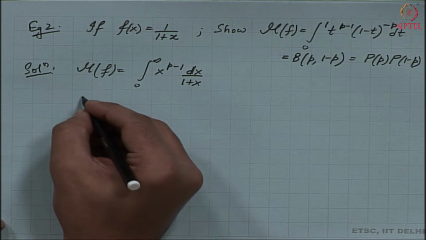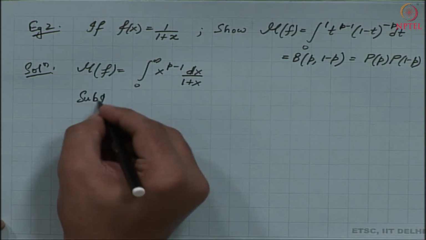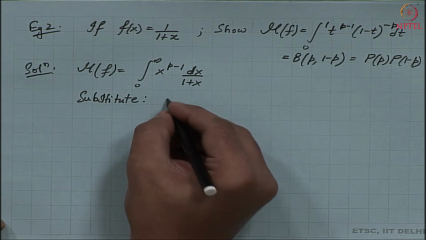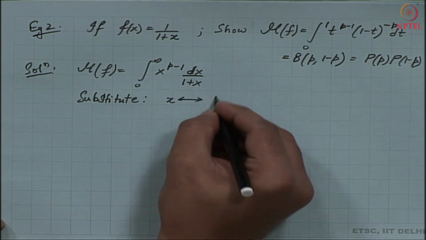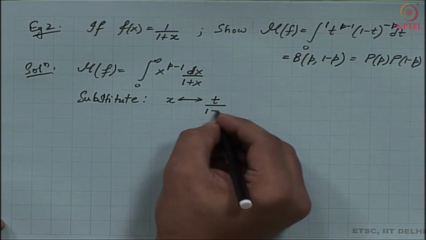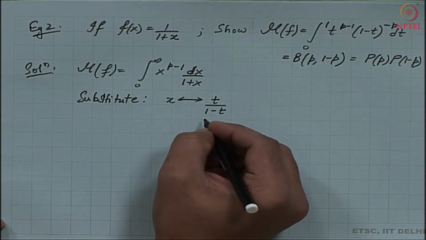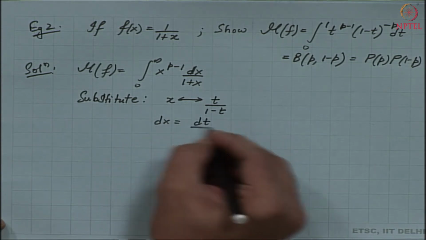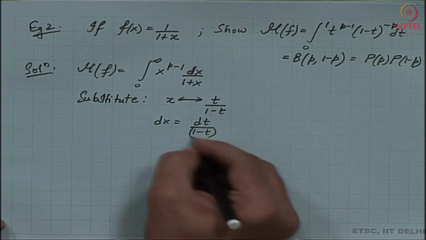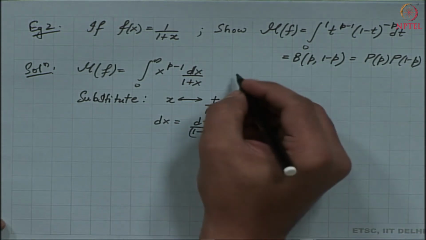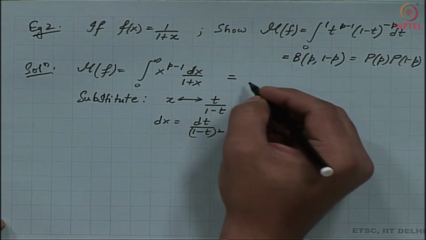I am going to substitute my variable x with the new variable t divided by 1 minus t. So, in this case dx is dt divided by 1 minus t squared, and I get that this transformation becomes the following.